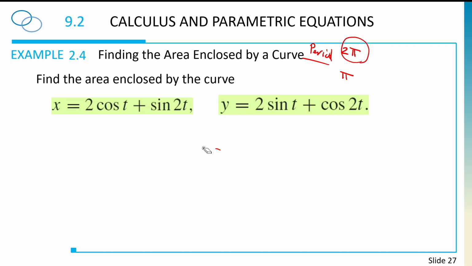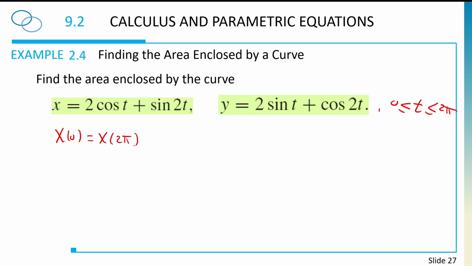Now, this means that I can take the interval from 0 to 2 pi. So I can add that t is between 0 and 2 pi. To be sure that there's no overlap, you can always check that x of 0 should be equal to x of 2 pi. Same thing for y of 0, it should be equal to y of 2 pi.